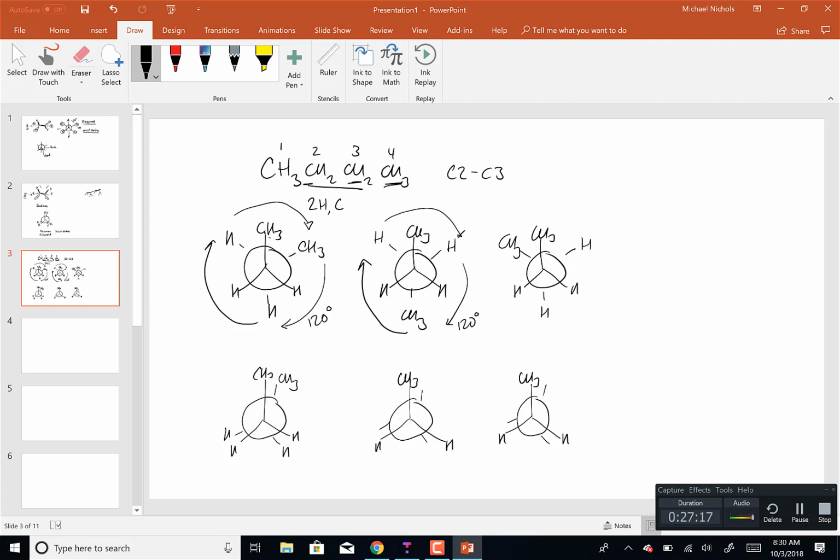Again, clockwise or counterclockwise, your choice, but you've got to be consistent. So I'm going to make a clockwise rotation of the methyl. I bring the methyl down here, this hydrogen goes over here, and this hydrogen comes up here. So there's eclipsed conformation number 2. And then finally do that one more time. The CH3 comes over here, and there are my 2 hydrogens. So again, I'm making 3 120-degree rotations.